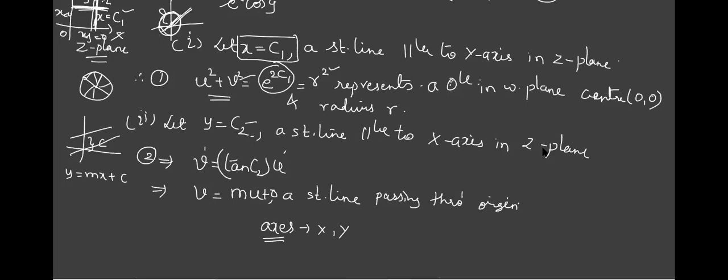So if you take the lines parallel to the coordinate axes, that means the x and y axes, what you are getting is a circle and a straight line. Is the part clear? This is what is happening under the transformation e raised to z.